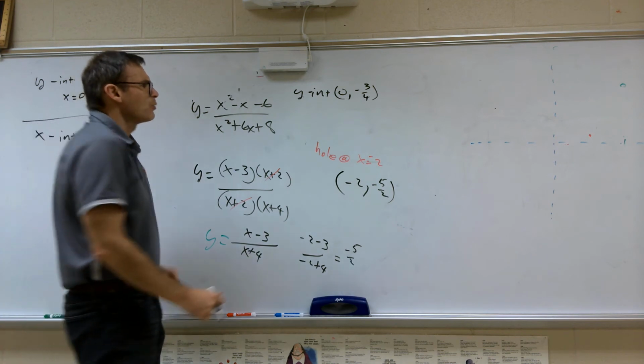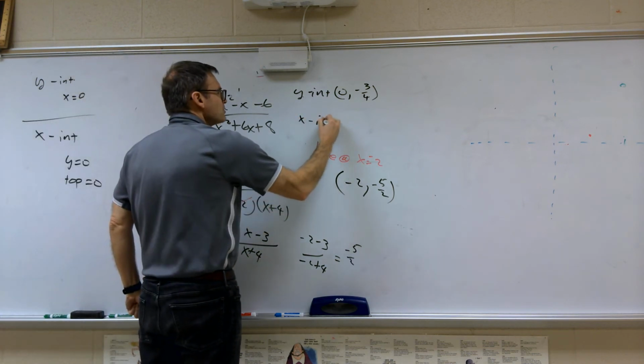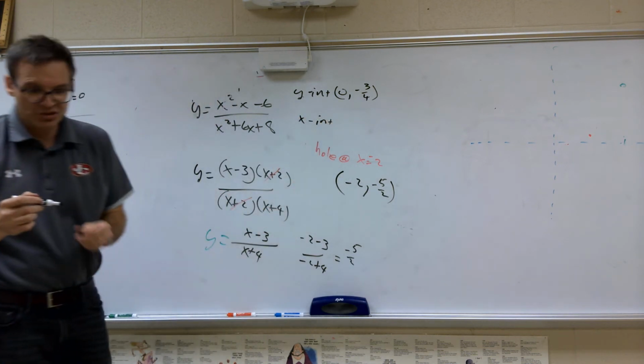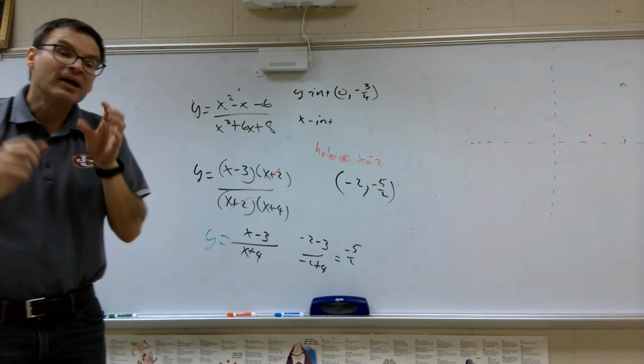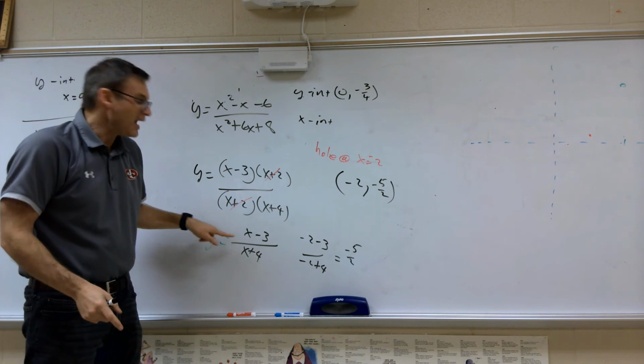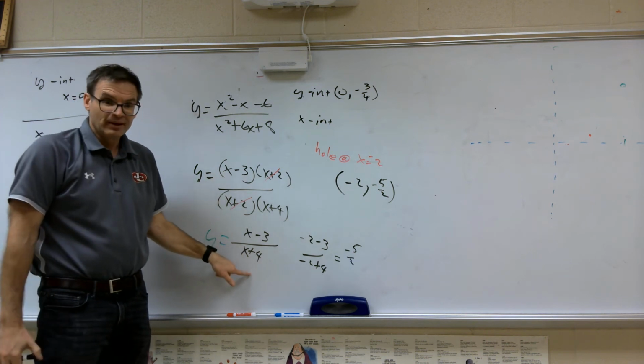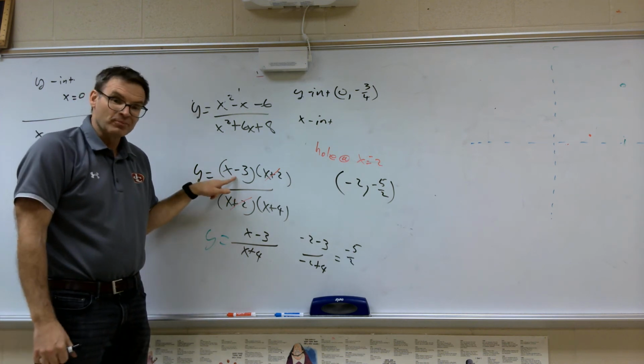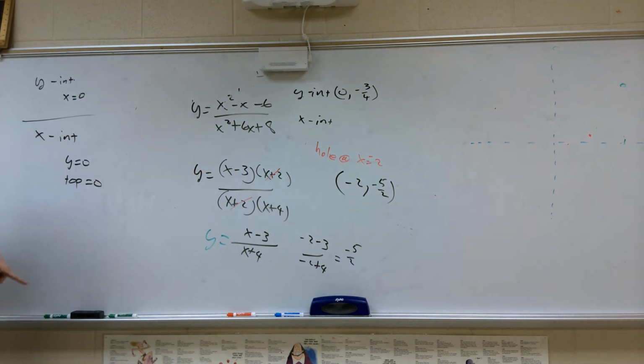Next thing I want to do is, how do I identify my x-intercept? And here's something that you've got to pay attention to. How you identify your x-intercepts is you find your x-intercepts in the cleaned up version. You can't find your x-intercepts up here because, remember, how you find your x-intercept is whatever makes the top 0.